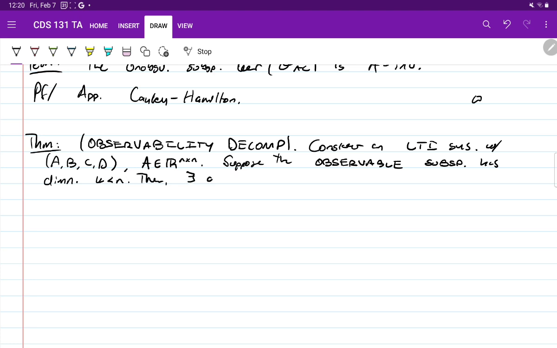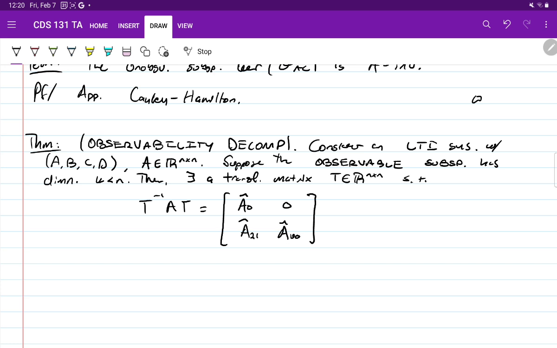Then there exists a transformation matrix T, which belongs to Rn by n, such that T inverse AT is equal to A observable hat, 0, A21 hat, A unobservable hat, okay.